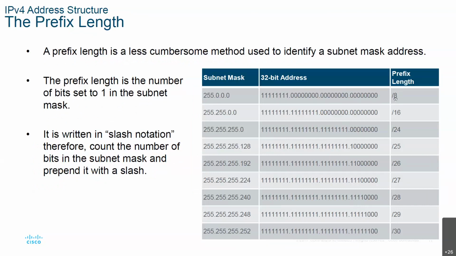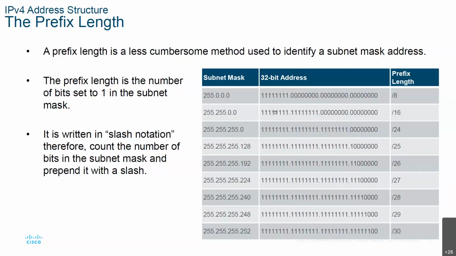The moment you see this /8, that means 8 bits are for the network, and 24 bits, because 32 minus 8, are for the host. Just imagine how many devices you can connect to this network.